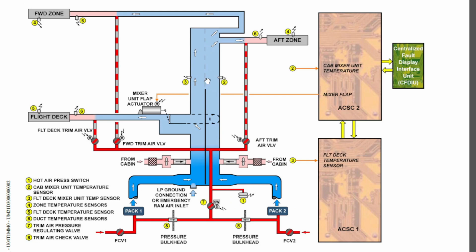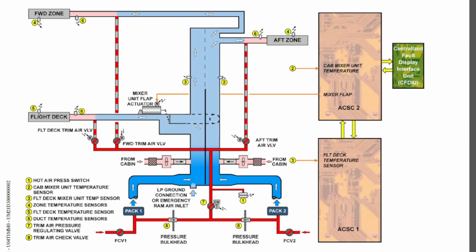The left hand side temperature sensor is connected to the air conditioning system control computer 1, which means this temperature sensor will send its temperature signal to air conditioning system control computer 1, and the temperature sensor located on the right hand side of the mixer unit will send its signal to air conditioning system control computer 2, right?